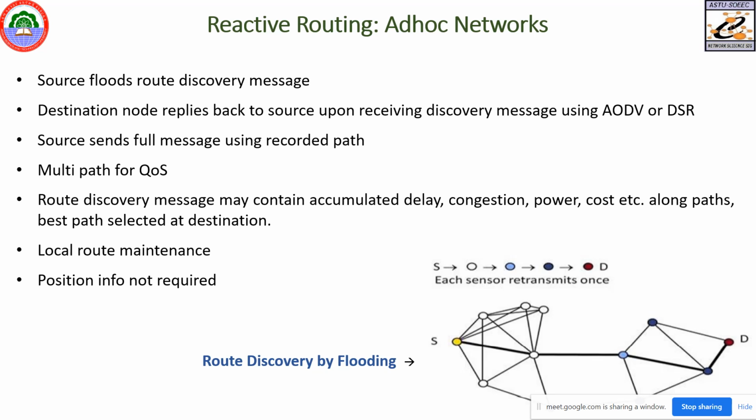Now, in the case of the basic protocols, the standard and famous protocols which we have for ad hoc as well as mobile networks. For these two categories, the basic protocols we have are AODV, ad hoc on-demand distance vector, and dynamic source routing. These are the two protocols which will be used for ad hoc basis and in wireless networks we can use.